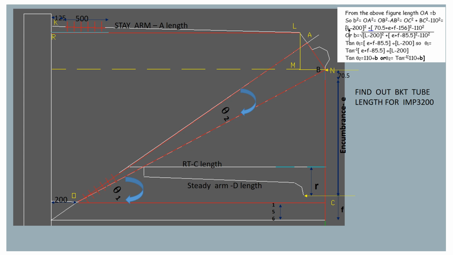So what we will do, 70.5 plus encumbrance plus F, then subtract 156, the distance of the bottom attachment center to the hole center of the bottom attachment where the bracket tube catches it. So now we can reach in this way to the point C.